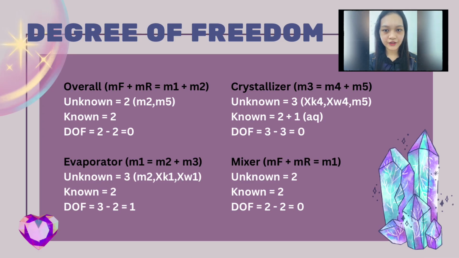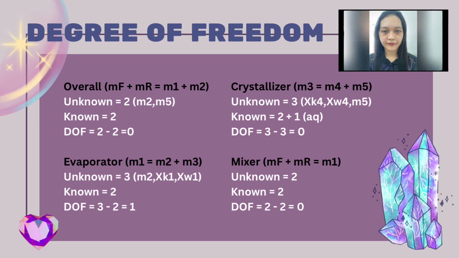So, the formula used to perform degree of freedom in the system is the number of unknown minus the number of independent balance and the number of other equations. It helps to determine whether a process is fully defined, over-specified, or under-specified. The number of unknowns refers to the variables in the system that need to be determined, for instance, the flow rate and concentrations.